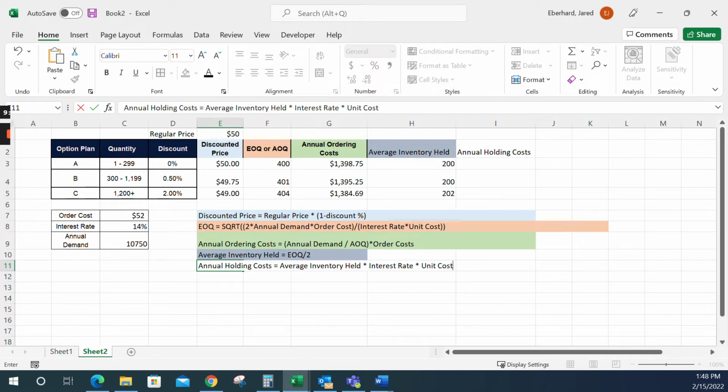I don't even need to put those in parentheses, but I should anchor a few of them. Let's take our average inventory held, times that by our interest rate, that'll be anchored, times that by my unit cost.